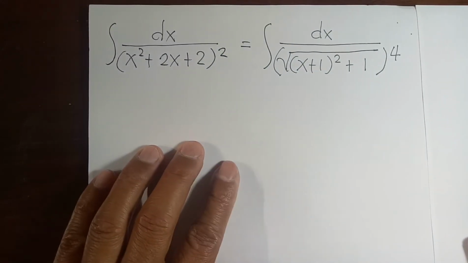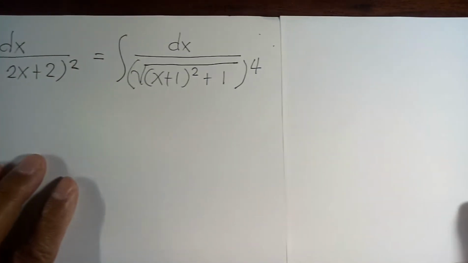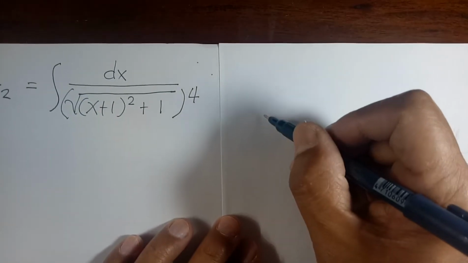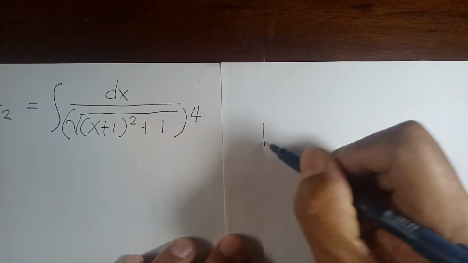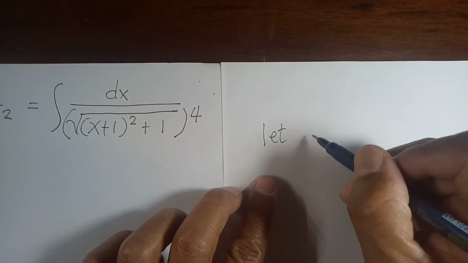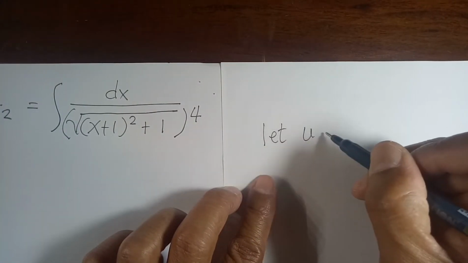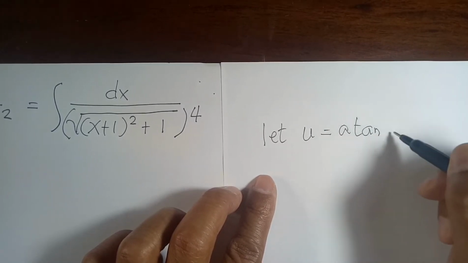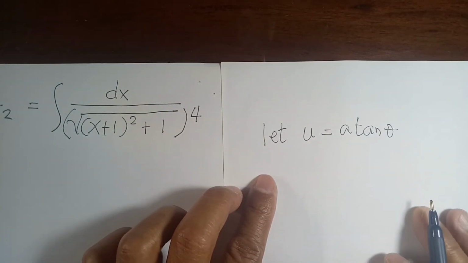trigonometric substitution. Okay? So, let u equals a tangent of theta. So, ito yung ating substitution. Ano? U equals a tangent of theta.